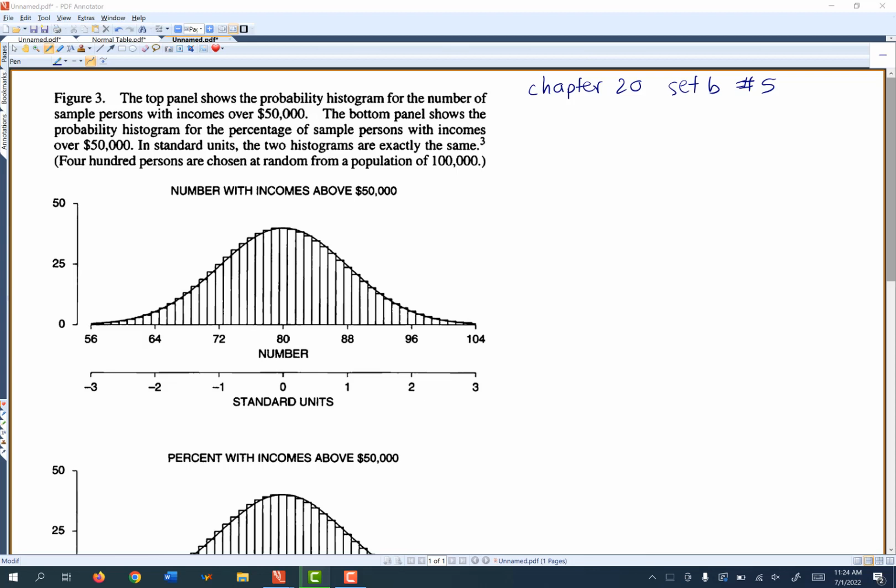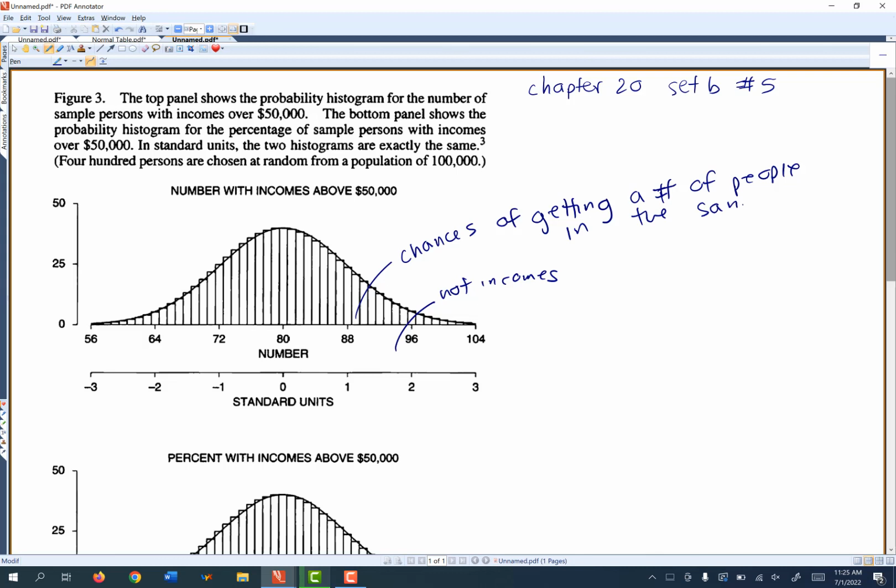So notice this isn't actually talking about the incomes. These are not the incomes. Okay, this is the chances of getting a number of people in the sample with, we'll say, the high incomes, whatever threshold they said, the 50,000.